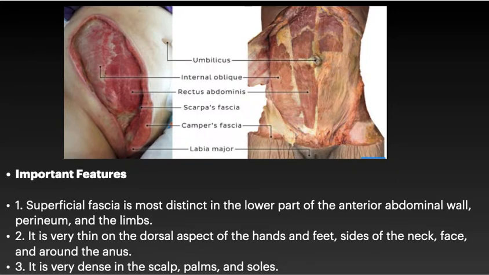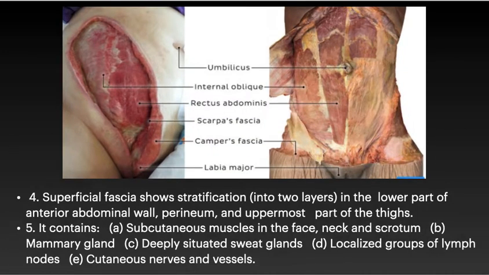Important features: the superficial fascia is most distinct in the lower part of the anterior abdominal wall, in the perineum, and in the limbs. It is very thin on dorsal aspect of hands and feet, sides of the neck, face, and around the anus. Also dense in the scalp, palms, and soles.